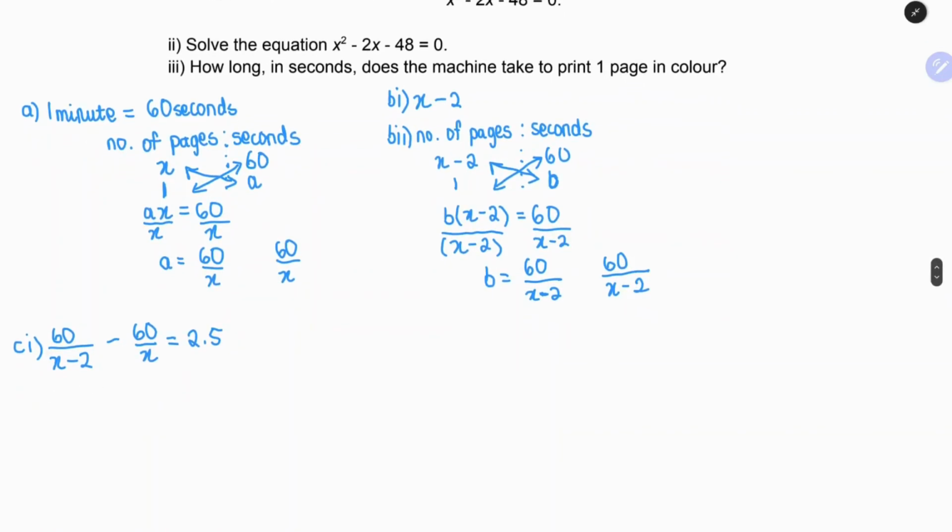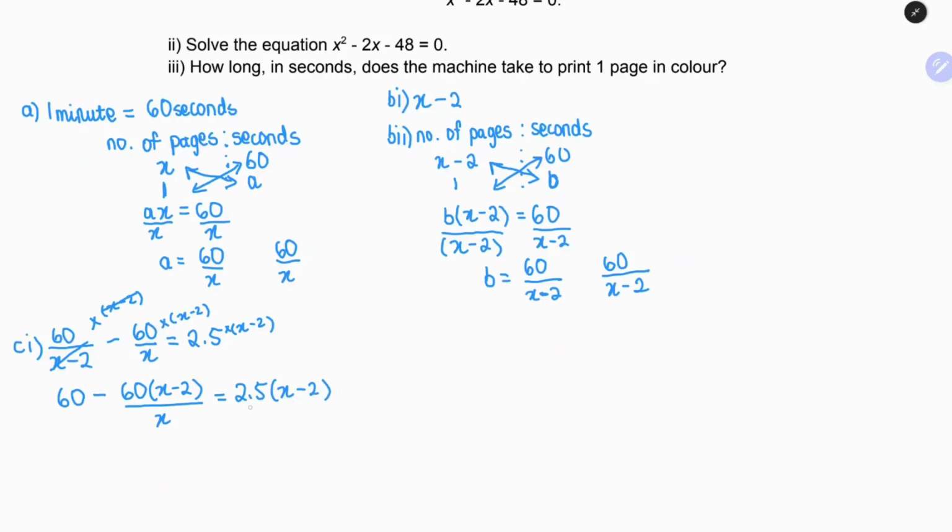So what we're gonna do is basically the same thing we've been doing all throughout. I'll just start by times x minus 2, times x minus 2, times x minus 2. x minus 2 will cancel out x minus 2, and then we'll have 60 minus 60 times x minus 2. Remember not to do anything dodgy like canceling out this x and this x. No, is equals to 2.5 times x minus 2.